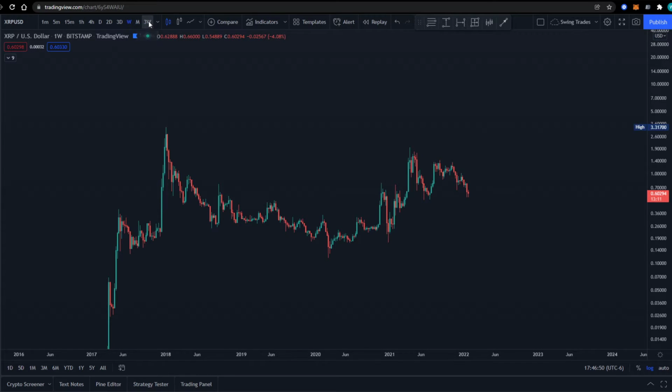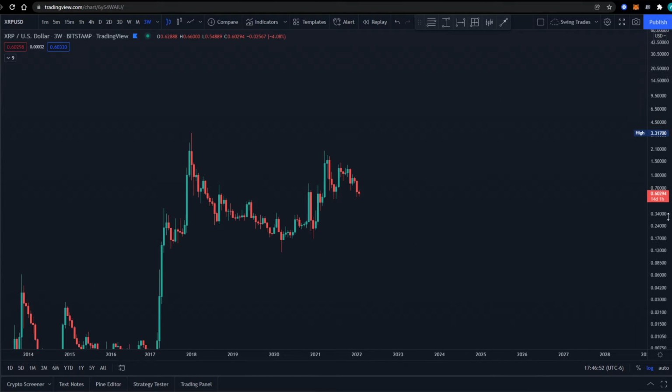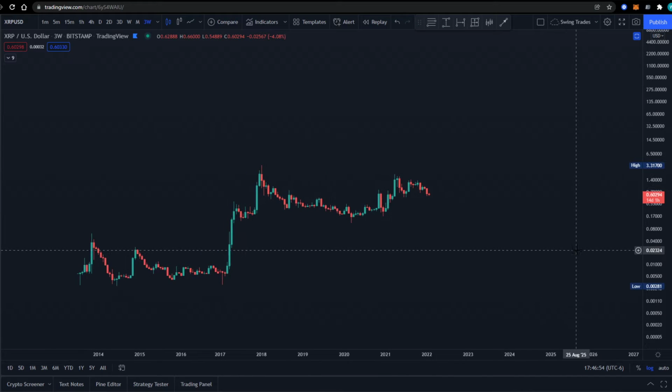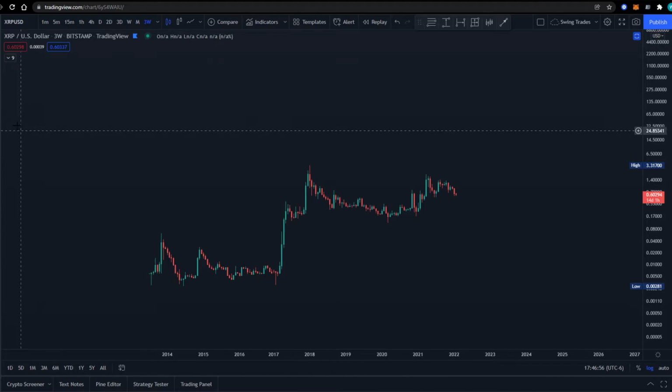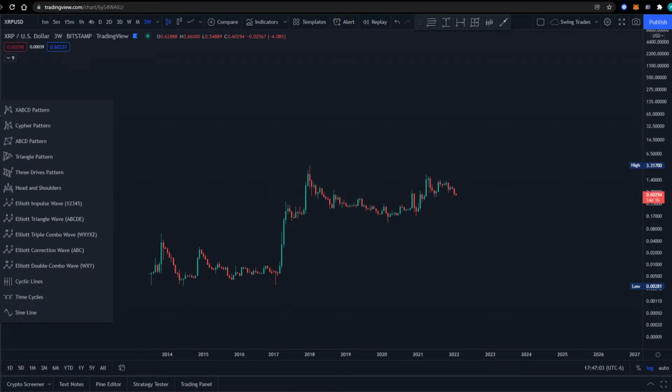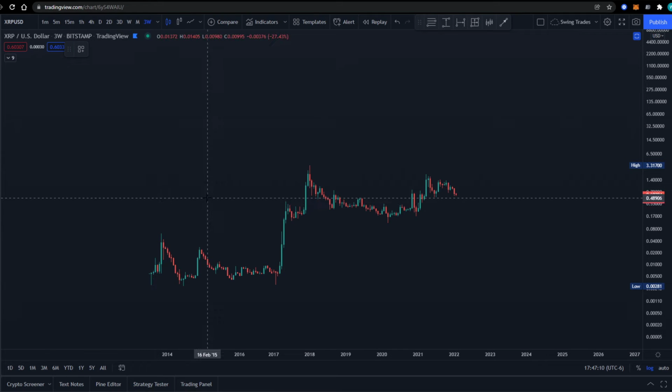We're going to have to go to a higher time frame so we can recognize a grand super cycle. It's maybe more just a super cycle, but either way, it's just a macro perspective, right?